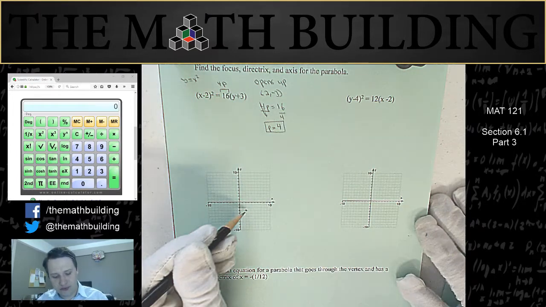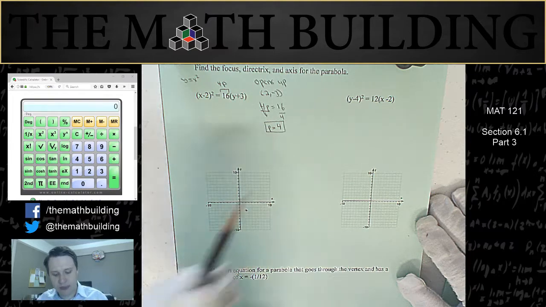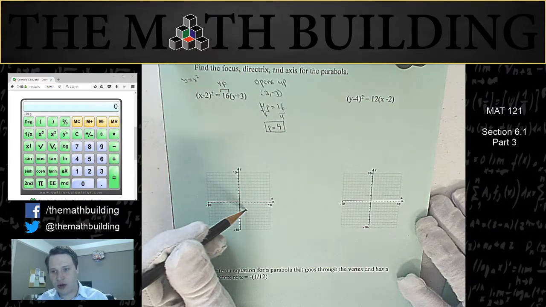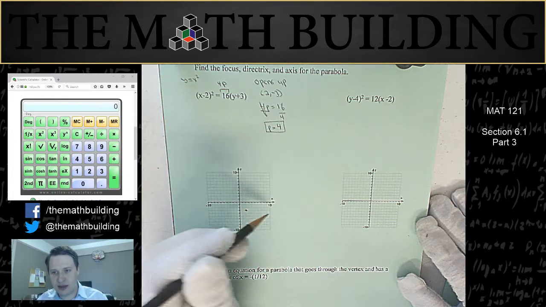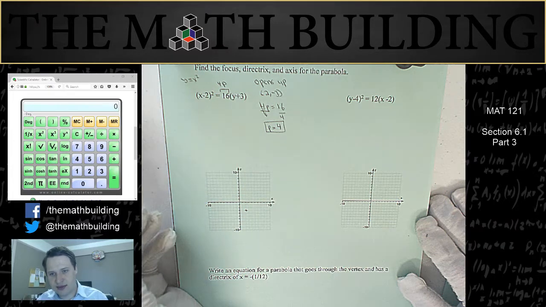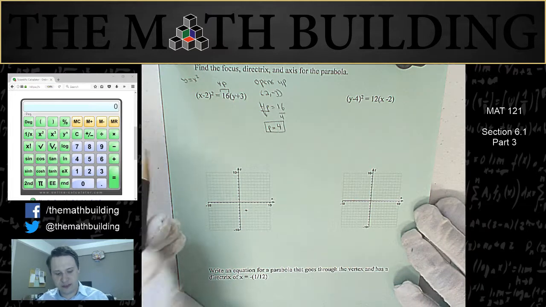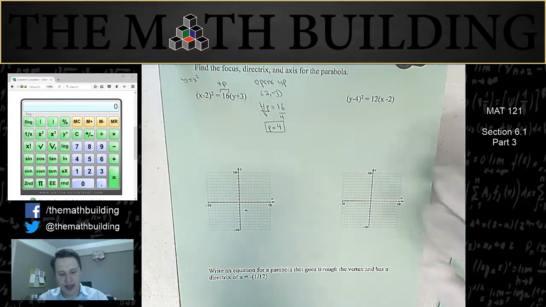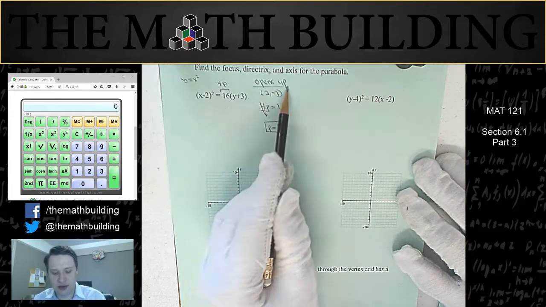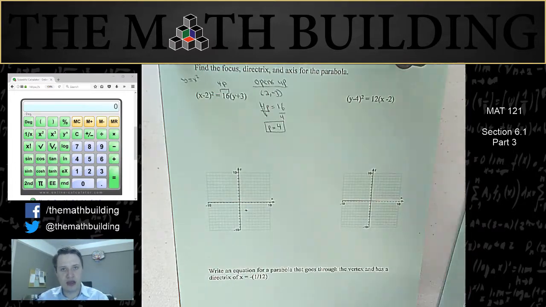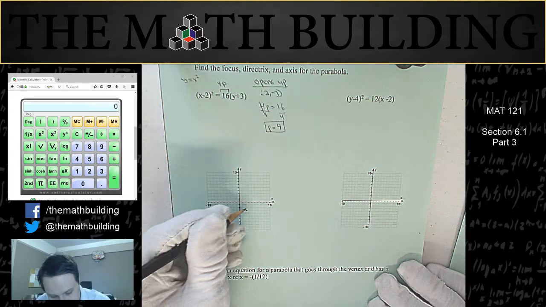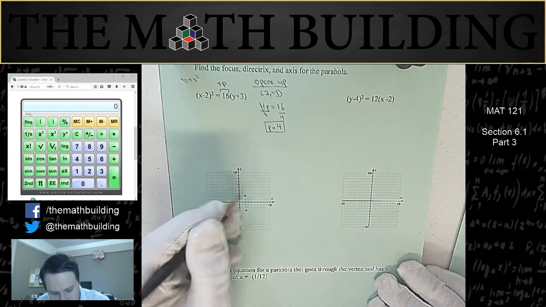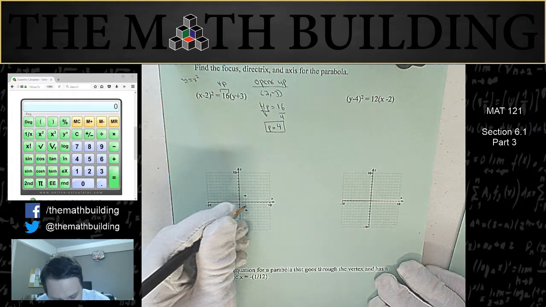So, how do we find the focus now? Remember, the focus is this many spaces away from the vertex. And the question is, is it up, down, left, or right? Here's how you figure it out. The focus, remember, is inside of the parabola, so it's going to be in the direction that the parabola is opening. So if our parabola is opening up, then our focus is 4 spaces up, 1, 2, 3, 4.